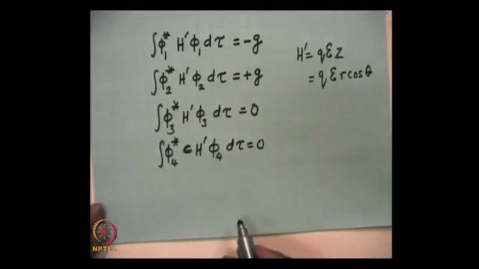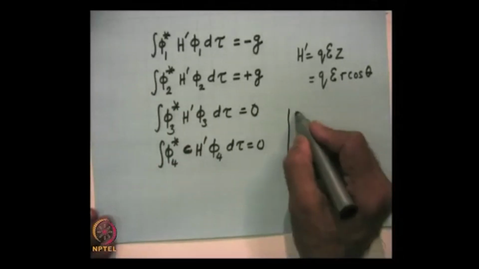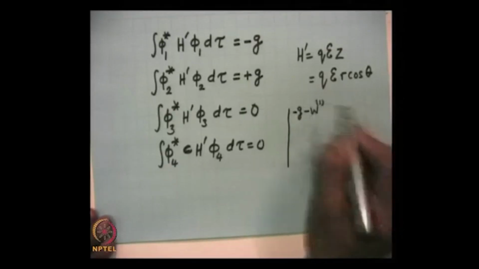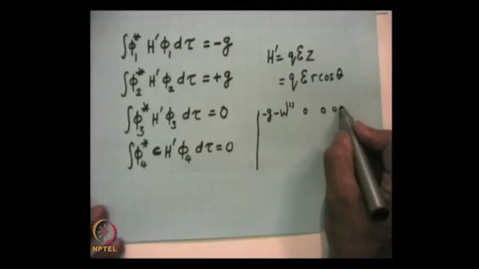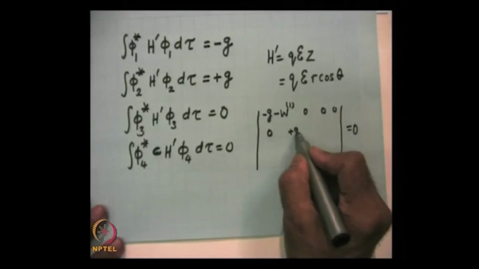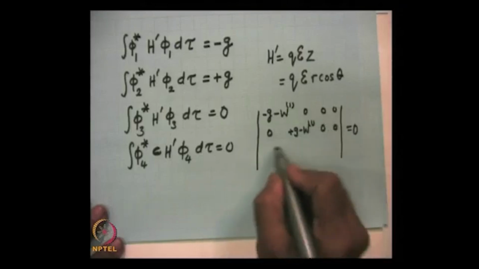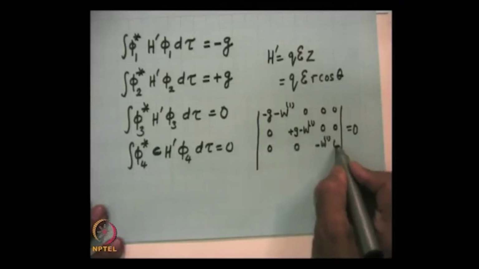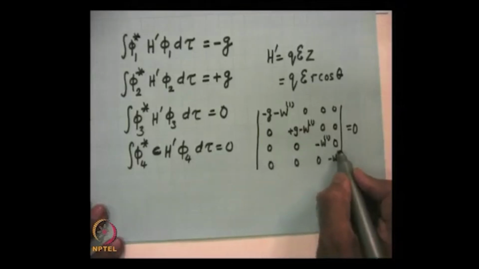So, only the diagonal terms will be there, and my secular matrix will be: minus g minus w1, 0, 0, 0; then 0, plus g minus w1, 0, 0; then 0, 0, minus w1, 0; and 0, 0, 0, minus w1.